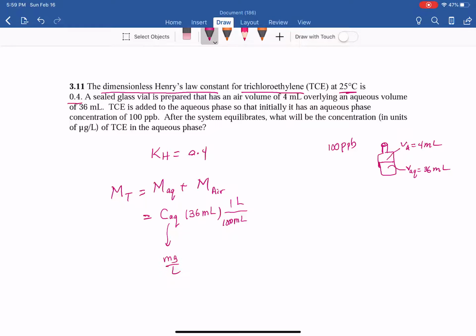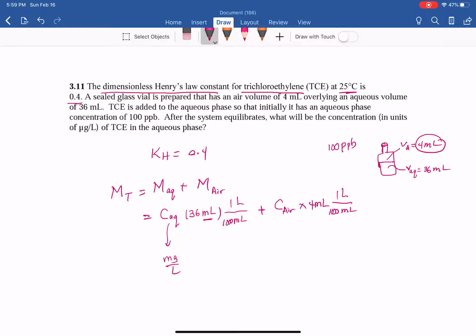This is obviously what we do all the time. So we have to convert the milliliters here into liters. Okay? So that's for the water, the aqueous solution. Plus air, it's the same thing: C air, the concentration of TCE in air, times 4 milliliters. And of course, do the same thing.